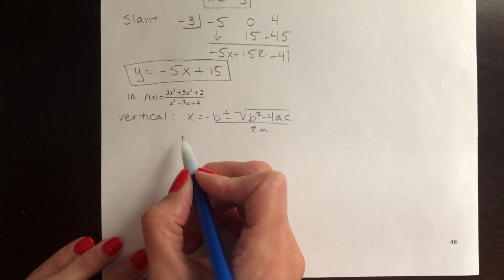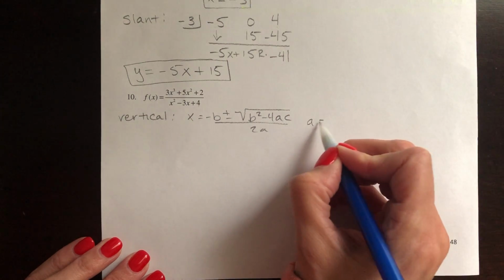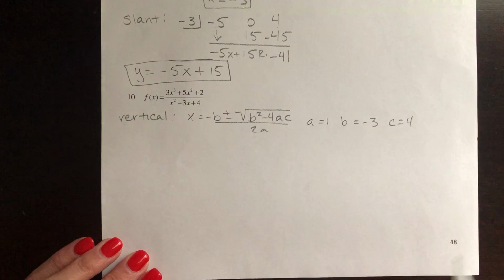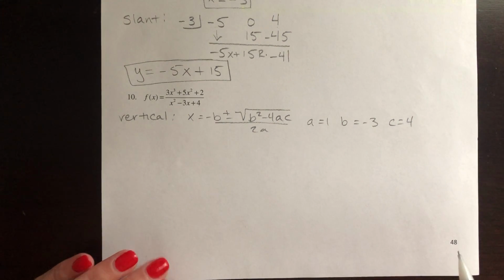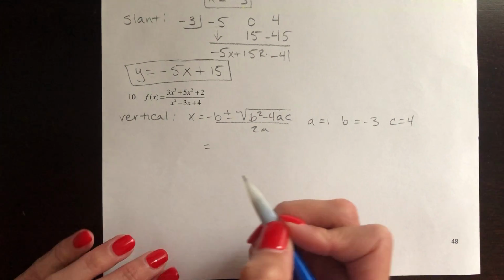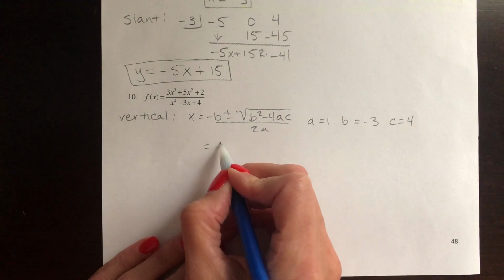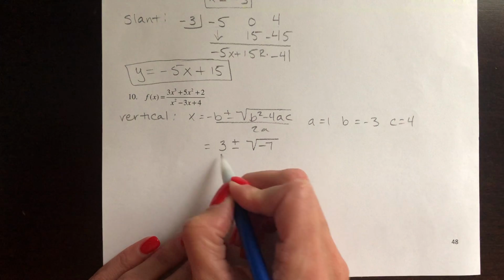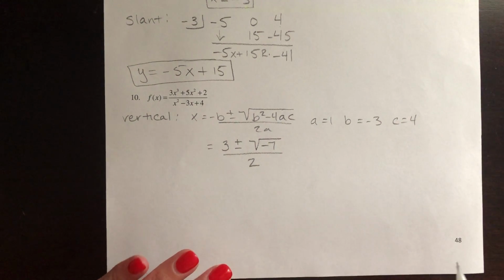So you would fill that in. A is 1, b is -3, c is 4. You'd plug it in and you'd simplify. And after you simplify, I'm just going to skip right down to your answer. You would get 3 plus or minus square root of -7 over 2.